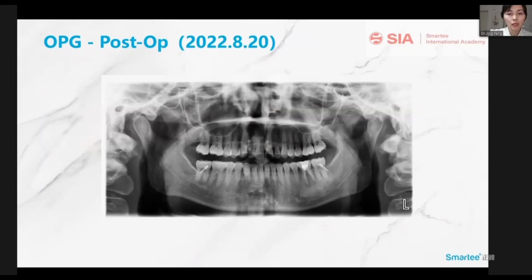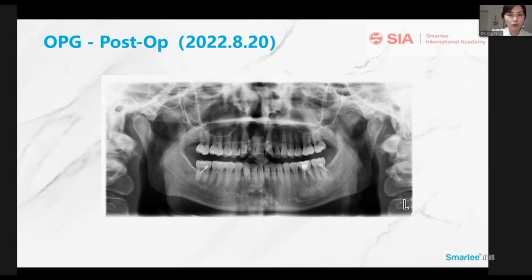And good palpation of the roots, and no root resorption. We leave the MIA a little bit longer to maintain the results.